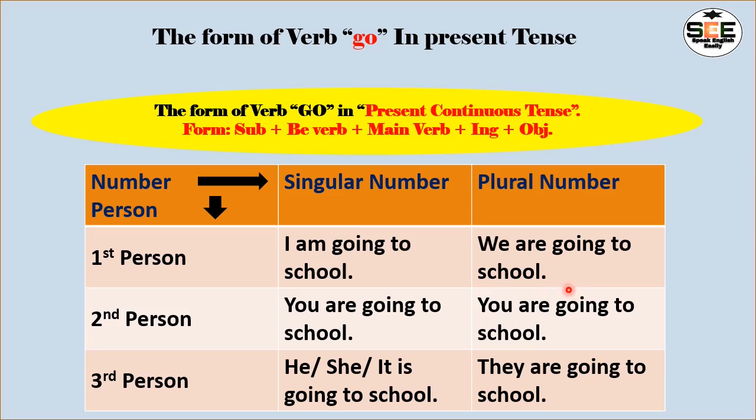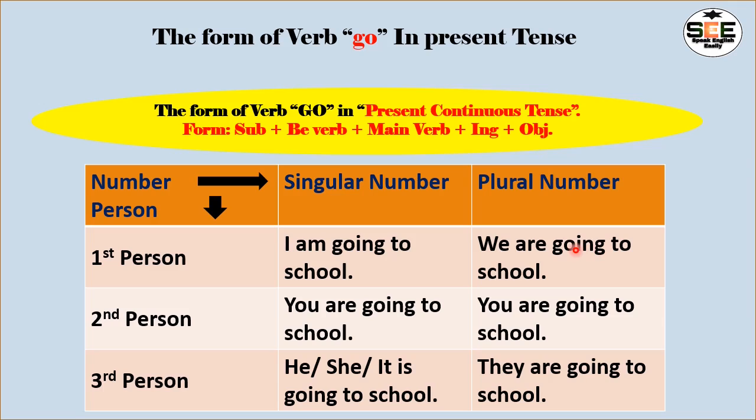If we see the plural number, then I is replaced with we. So we are going to school. Here, first person plural number in present continuous tense, we is the subject, and are is the be-verb plus go is the main verb plus ing.